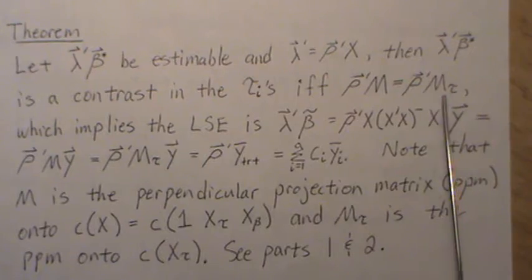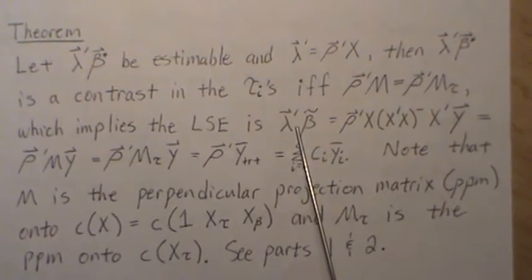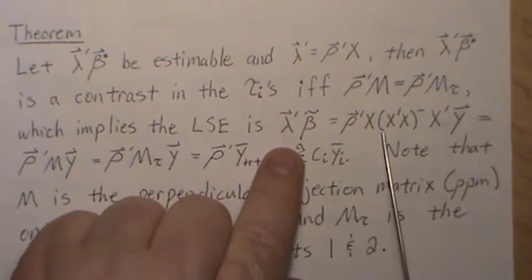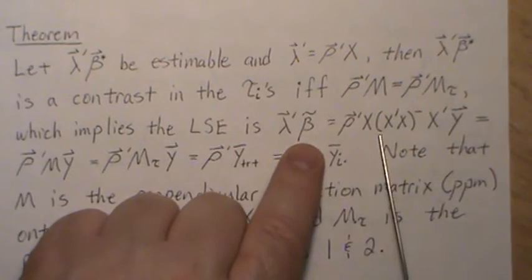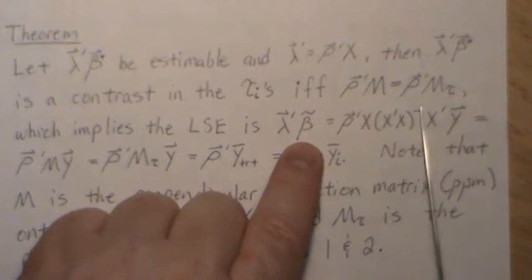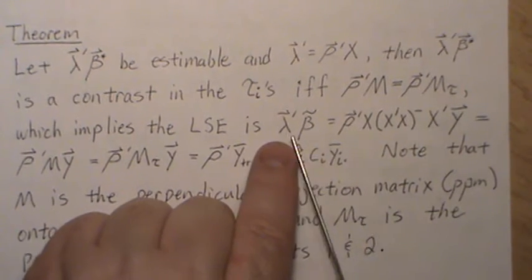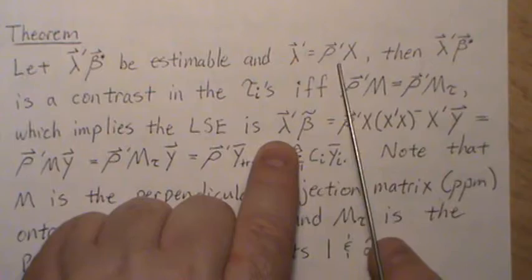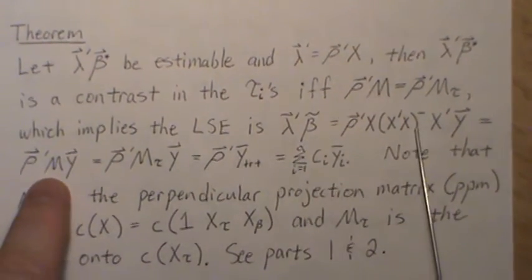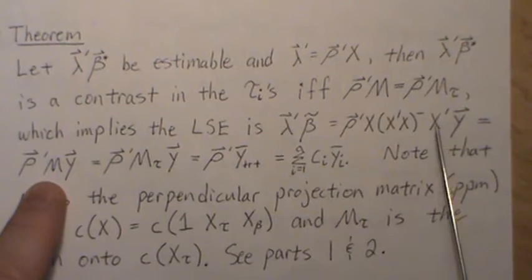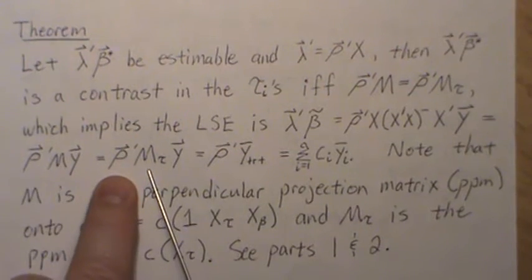of X tau. Now this implies that the least squares estimate for this, remember that this piece here is the least squares estimate for beta tilde, and it's not unique, right? That's a generalized inverse. And then lambda is part of the row space, right? But then this piece here is M, and we're saying that it has to equal M tau, so that's this.